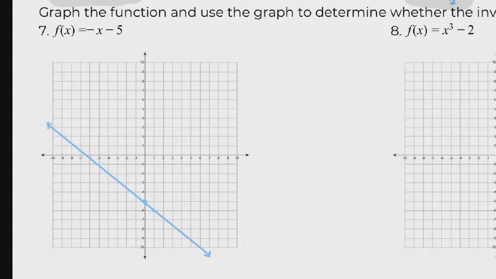Okay, so this is my graph, and if I draw a horizontal line, it should only hit the graph once. So here's just an example. No matter where I draw this horizontal line, I'll only hit it once. So the inverse is a function.